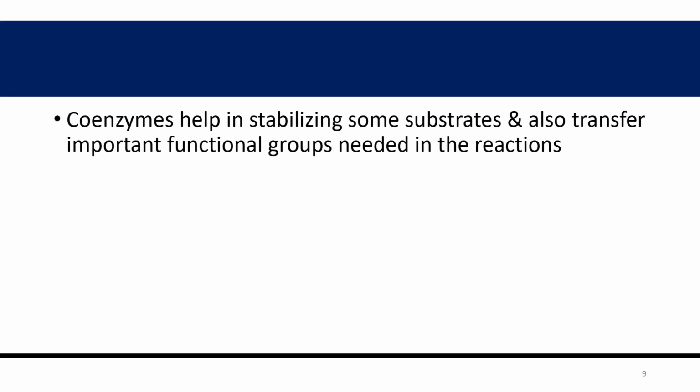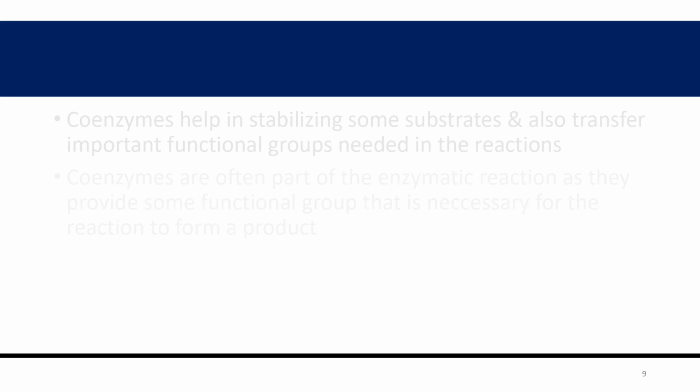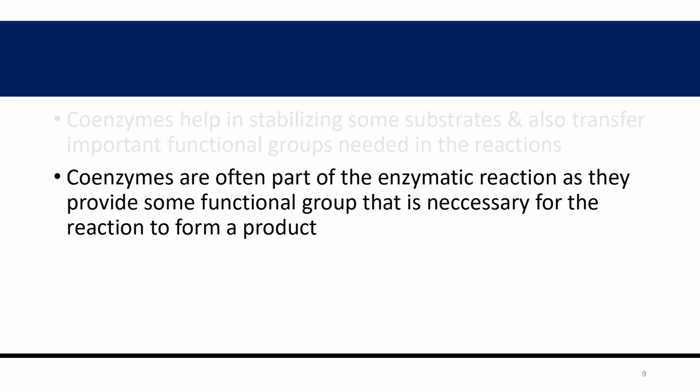So coenzymes also help in stabilizing some substrates and also transfer important functional groups needed for the reactions. Coenzymes can be part of the enzymatic reaction because they provide a functional group that is part of the reaction.